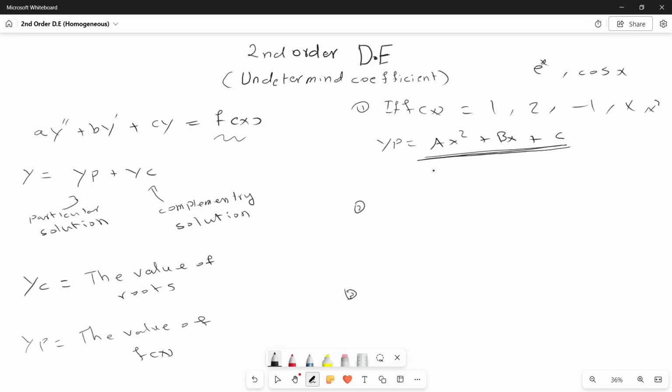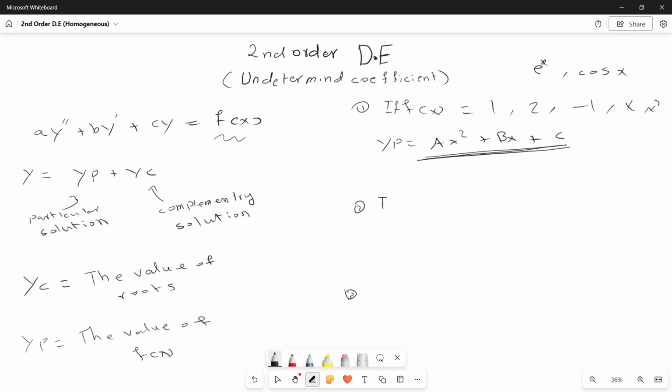Obviously, when we do more examples, it becomes more clear, because we have to differentiate the equation here and substitute our values in our second order equation, so we get the values of a, b, and c.